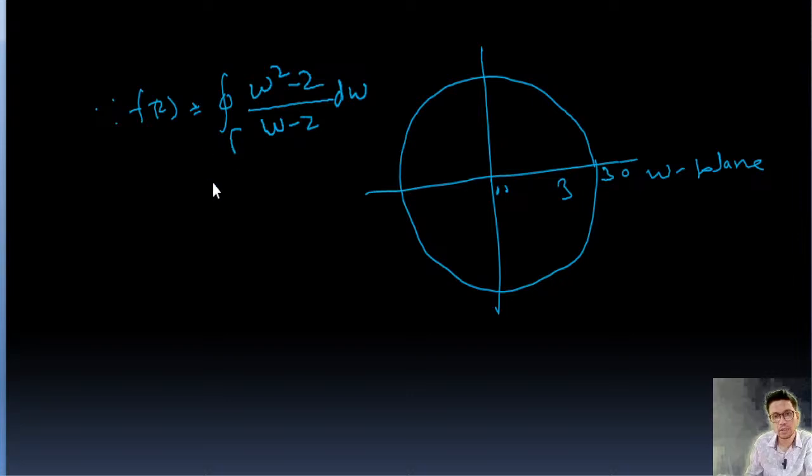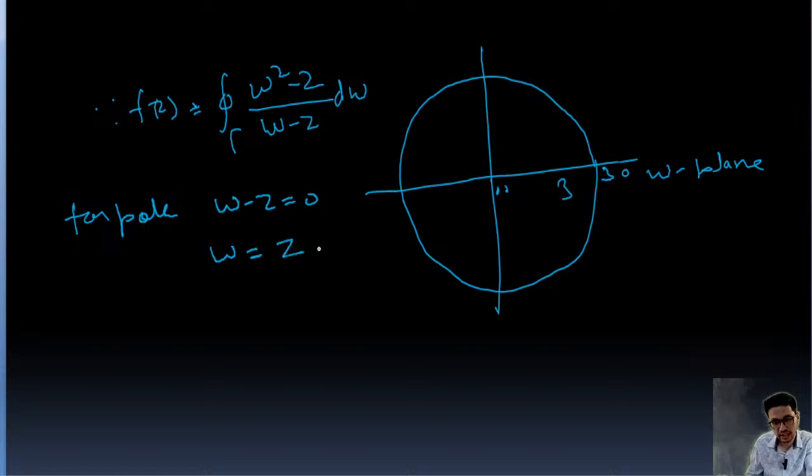So this is f(w) that is given. Now for the pole, we'll find for the pole, w minus z equal to 0. It is in the w plane, so the value of w is z. So w equal to z, which is a simple pole, right?